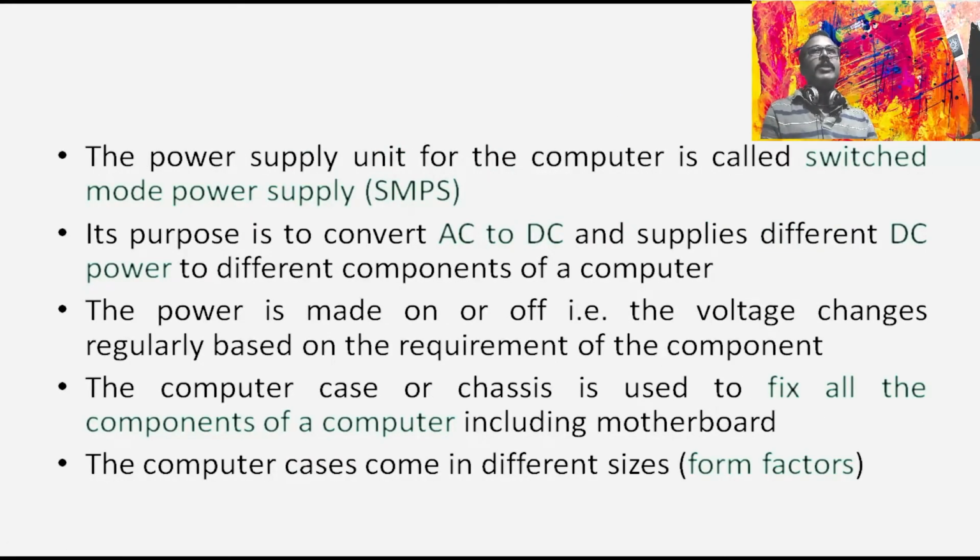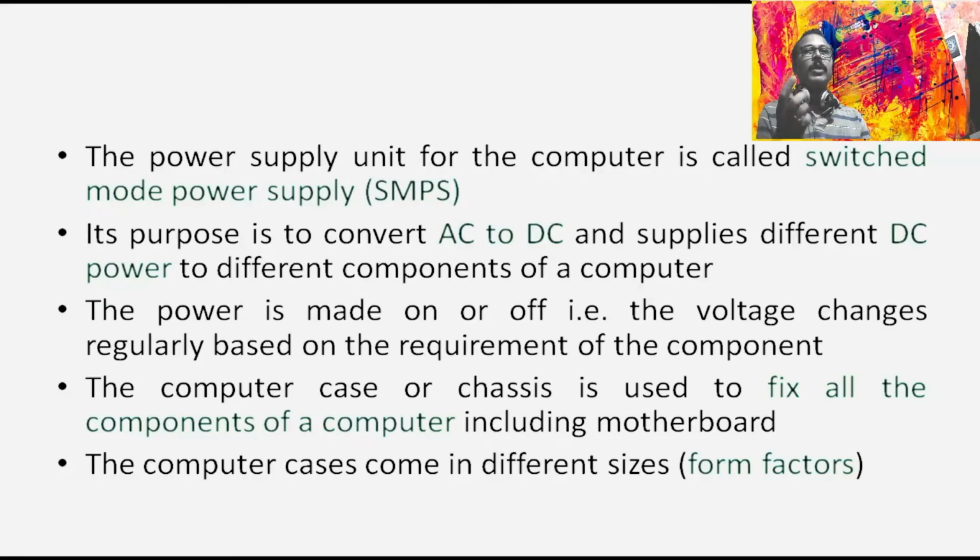And the other major component is SMPS, which stands for switched mode power supply. The main purpose of it is to convert AC to DC, alternating current to direct current. And this direct current is applied to the different components of a computer, and different components require different voltages.